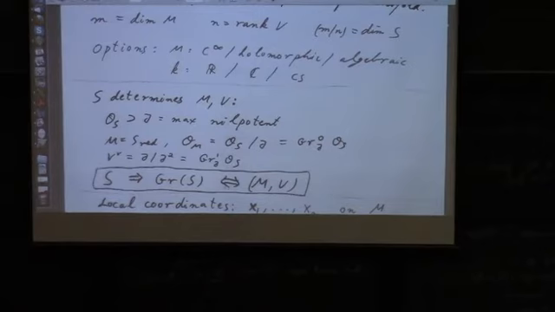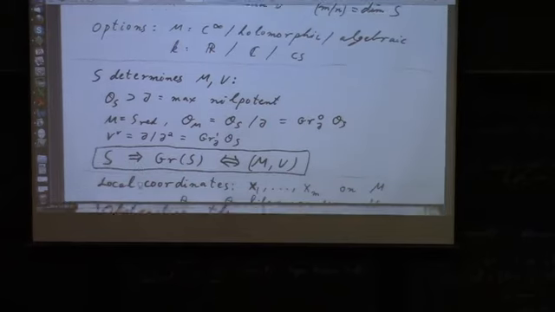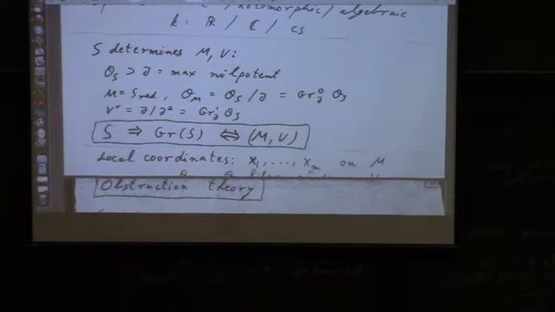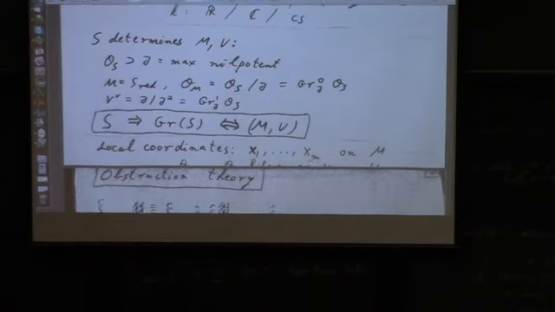You can always go back, but you cannot go back here. There may be many different supermanifolds S with the same graded version. And the obstruction theory is exactly an attempt to measure how far we are from splitting. In terms of notation, I'll use Latin letters like X's or Z's for the coordinates on M, and Greek letters like thetas for the coordinates in the odd directions.